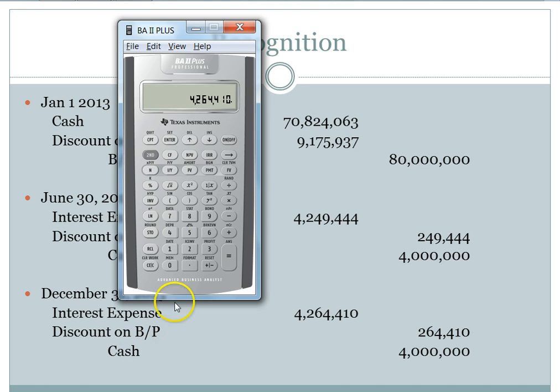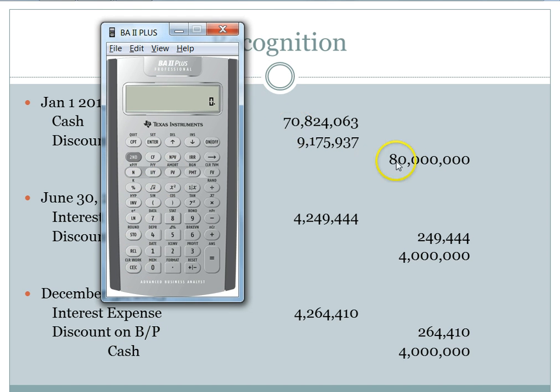We can go back to the calculator here. So remember that I started out, I'll start from the very beginning. The face value is $80 million minus the $9,175,937 discount. So my book value started out at $70 million. Then I have increased it by $249,000.